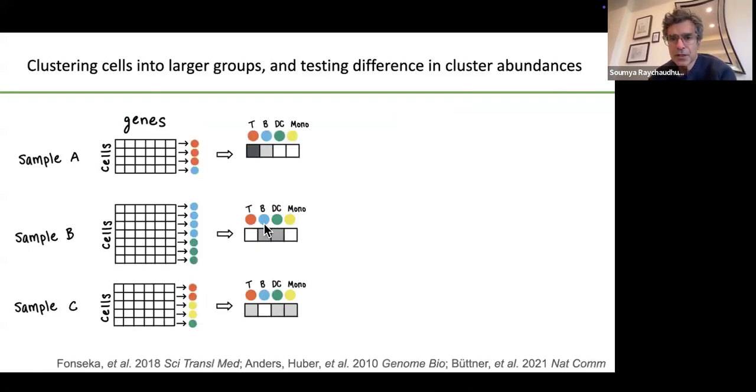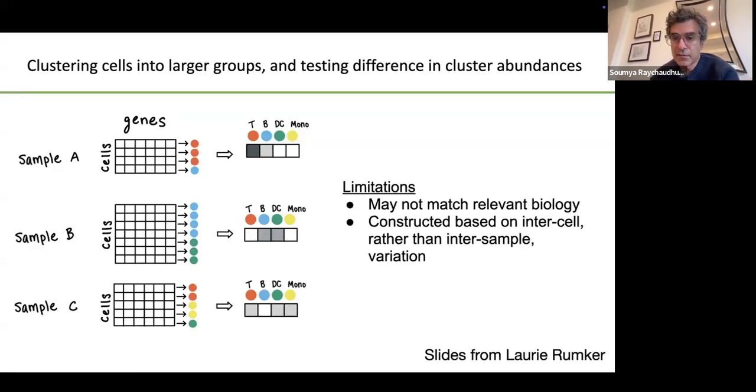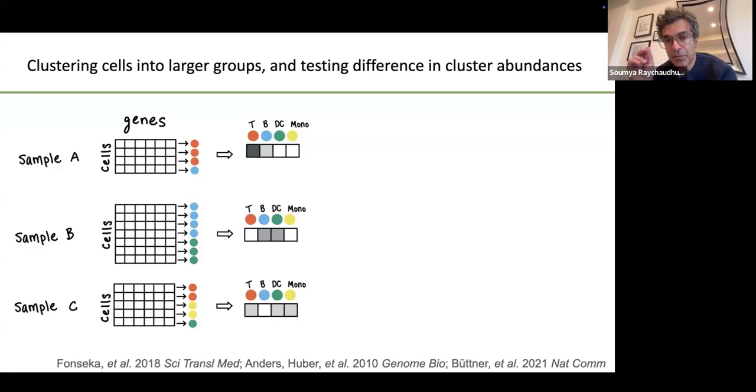The other thing you can do is cluster cells together. Here you can see Lori has indicated that you can cluster T cells together, B cells together, and so on. For every sample, you can say, how many T cells do I have? How many B cells do I have, et cetera. Then you can make comparisons and say, okay, do my cases have more T cells, fewer B cells, et cetera.